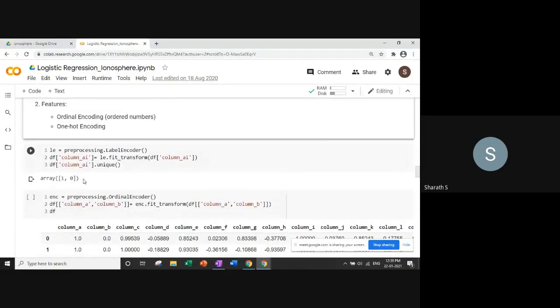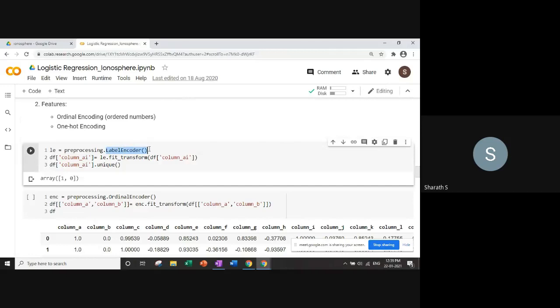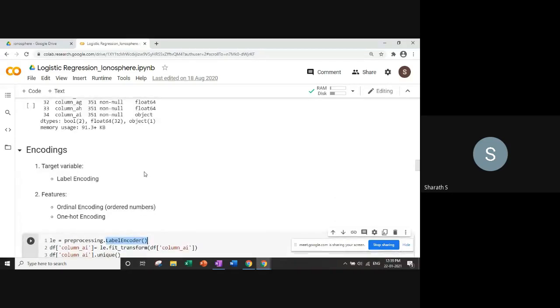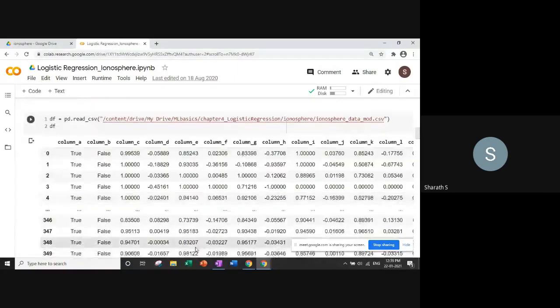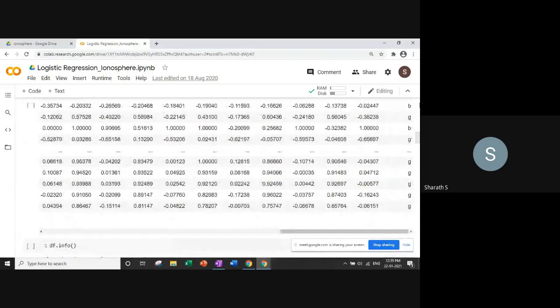What does label encoding do? Otherwise, you would have to say all B's as 0, all G's as 1, and you have to change that manually and make it 1, 0, 1, 0, 1, 0, and so on in this final column.